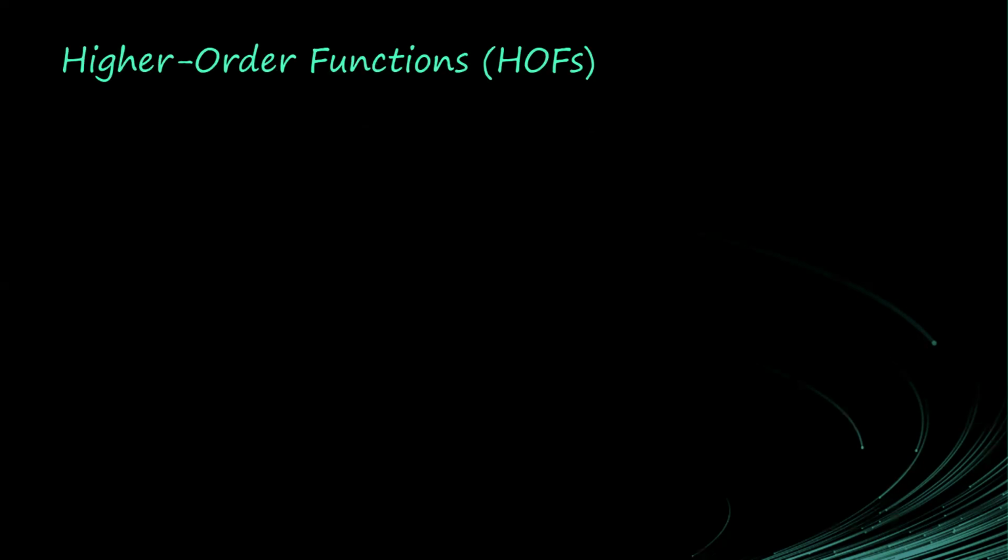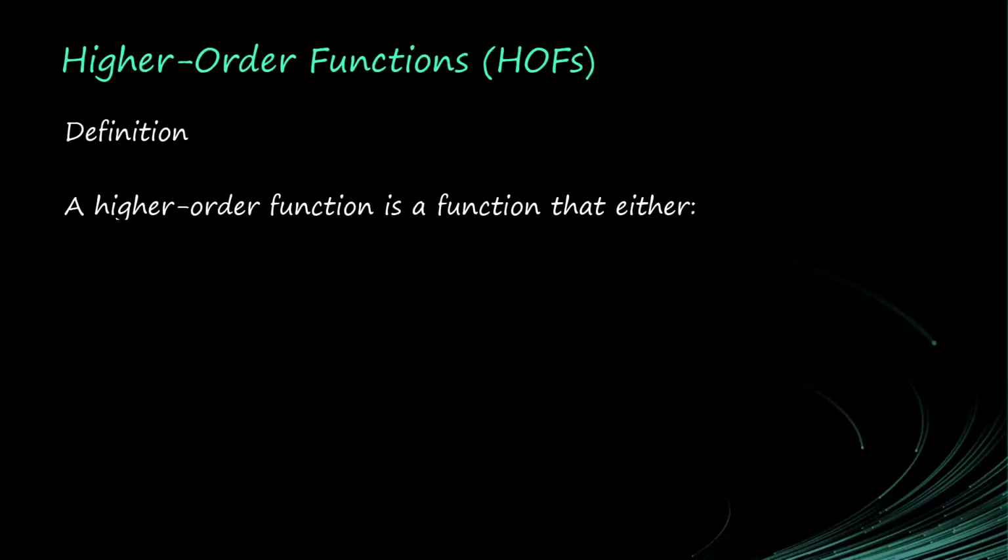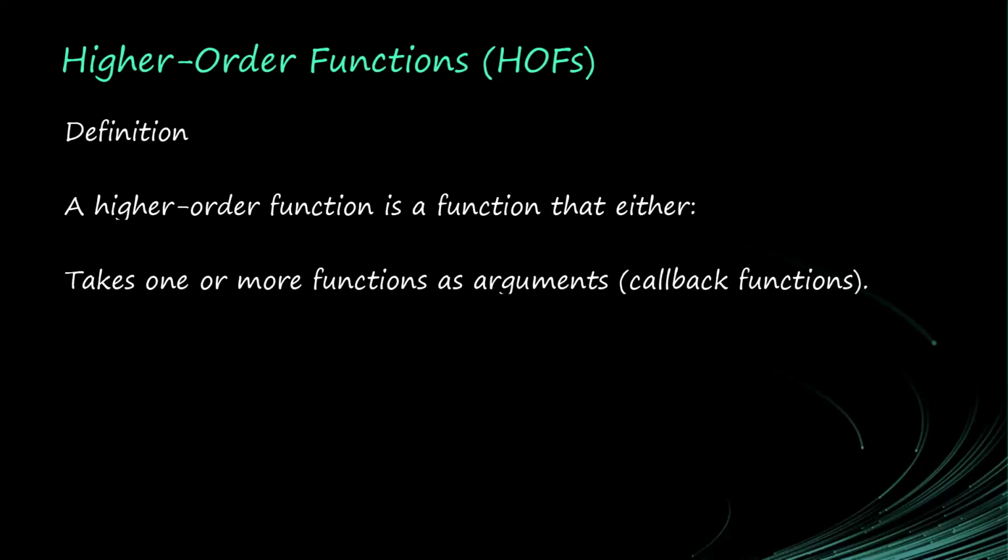So what are higher order functions? Higher order functions are functions that either take one or more functions as arguments. So any function that takes another function as argument is a higher order function, or returns a function as its result.